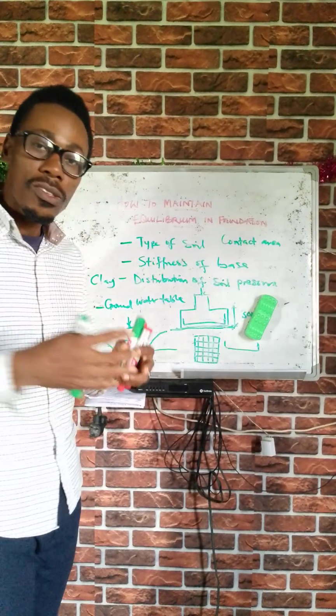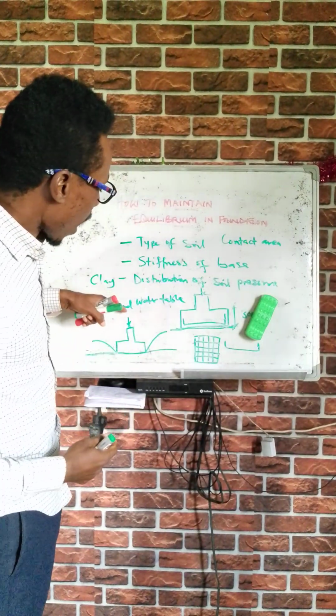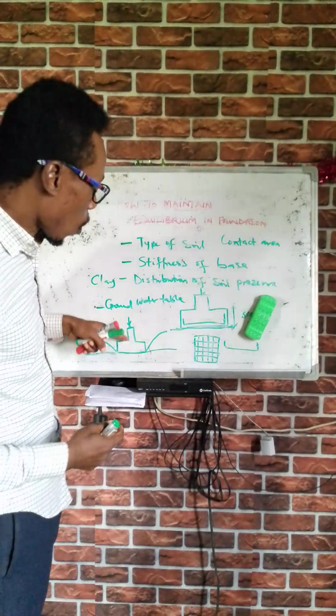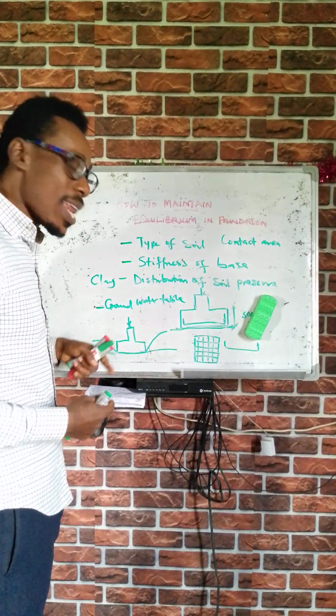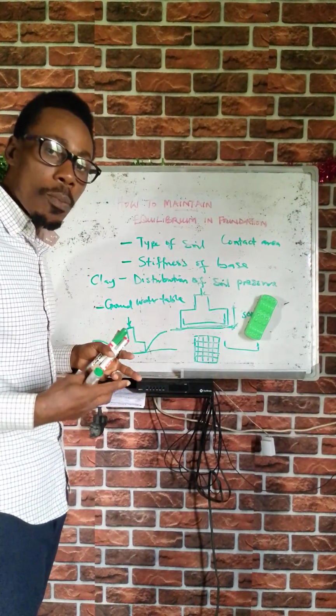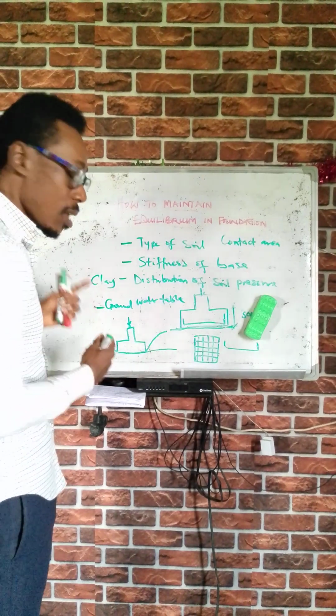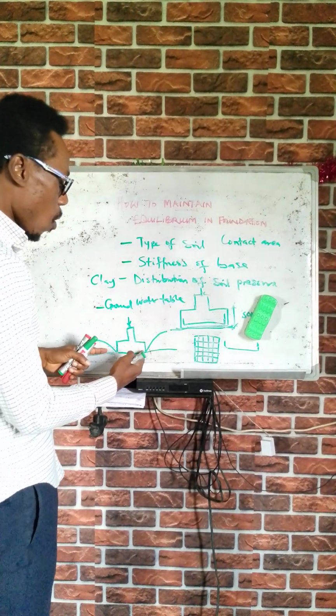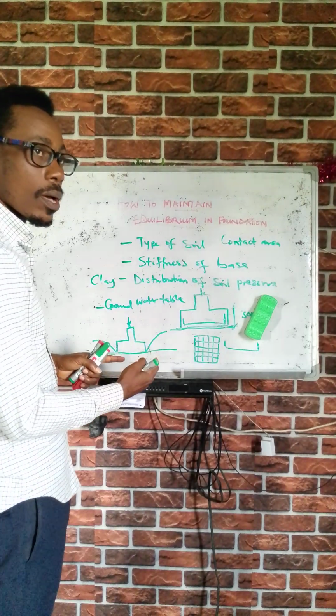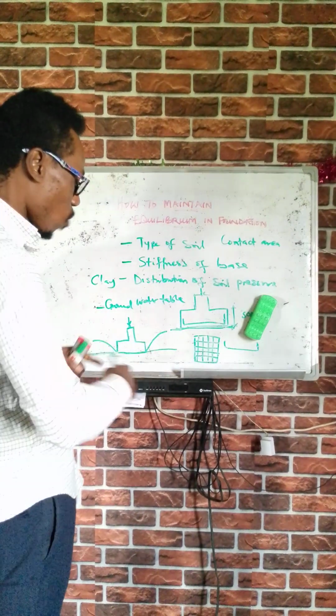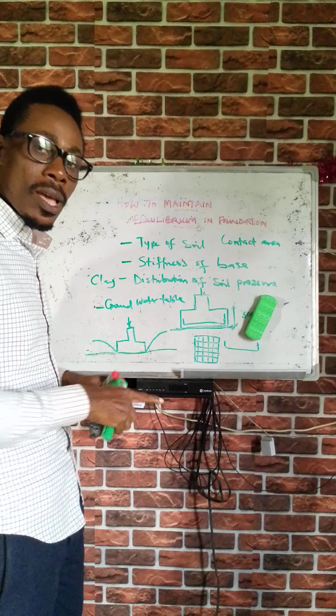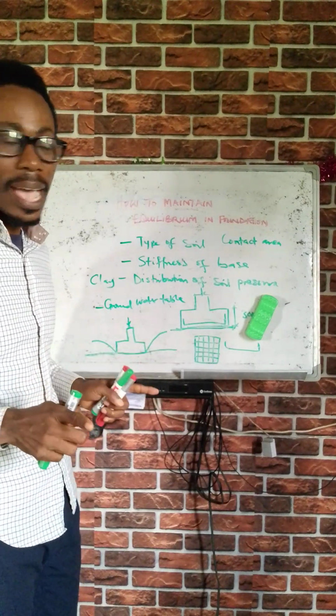And when that clay soil swells, as long as this gravity load comes, the swelling nature of that clay soil will not be able to sustain the load. So it will cause a rise by the side. The effect of the load will be felt by the sides.